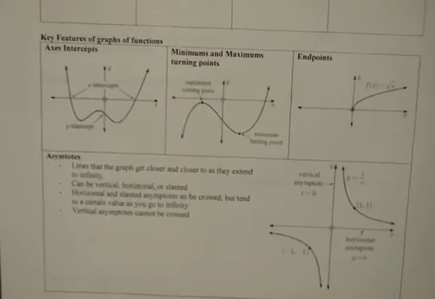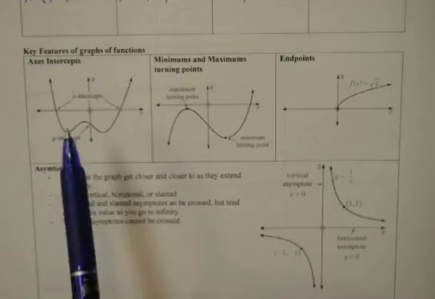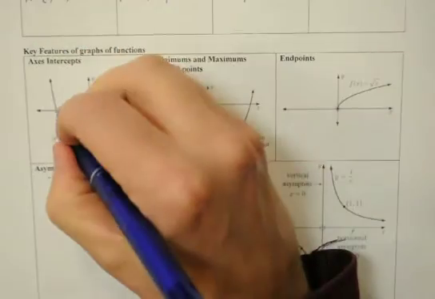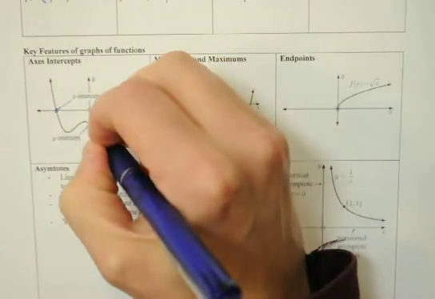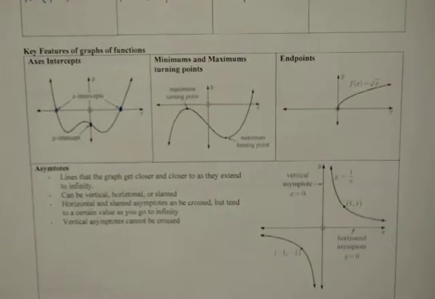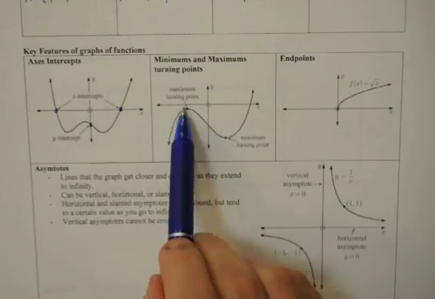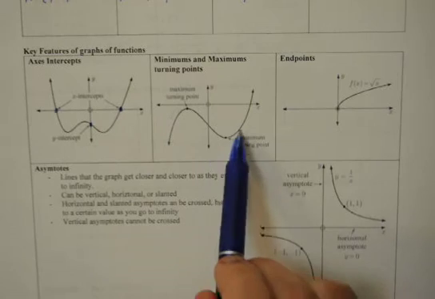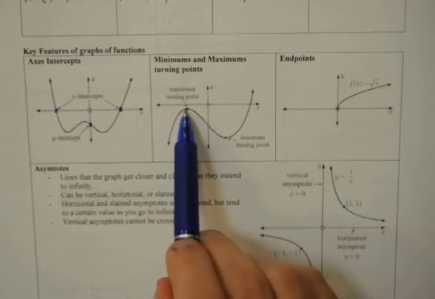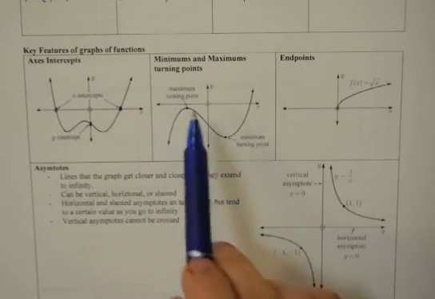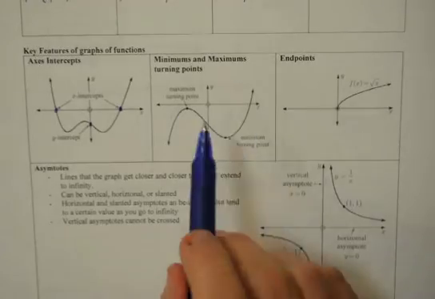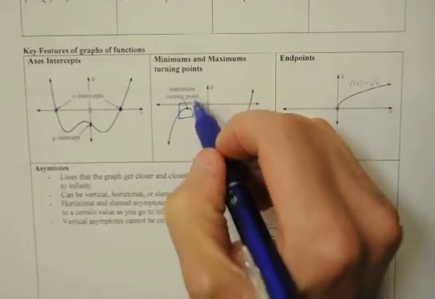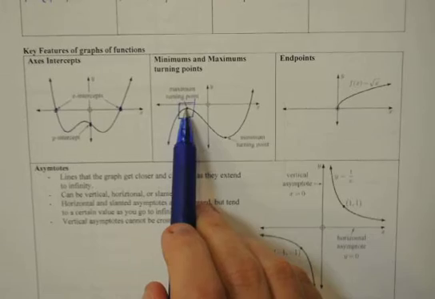Okay, when we're looking at graphs of functions, there's some key elements that you need to identify. You've got your intercepts. These are your x-intercepts and your y-intercepts. Those are important. You've got your maximum turning point and your minimum turning point. This is called a local maximum and a local minimum, because if you zoom in on it, this is bigger than any point around it.